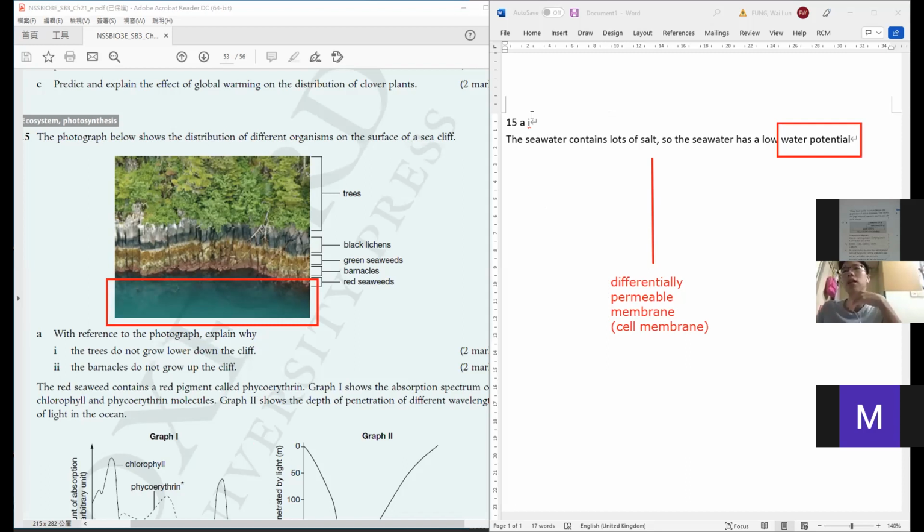So for example, let me draw the seawater beside that. Seawater is here. If the seawater has lots of salt, I draw this as salt. Okay, this is a seawater.